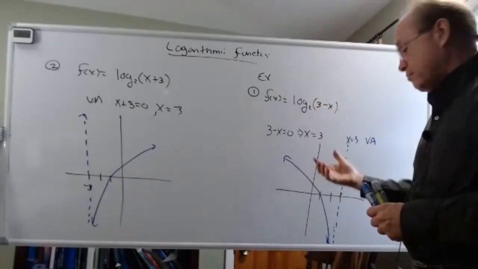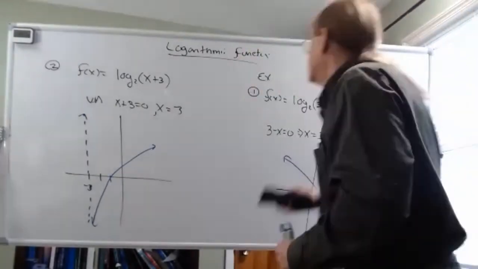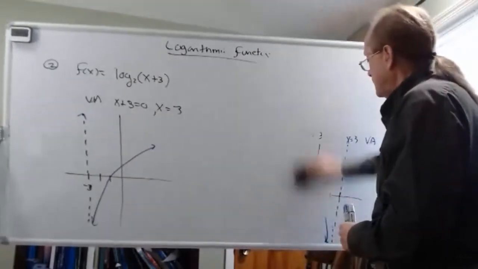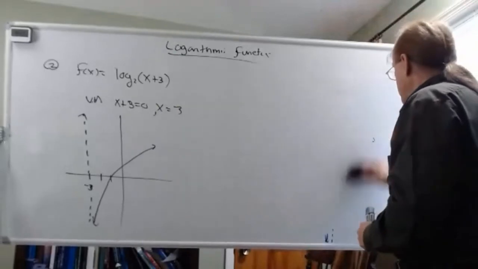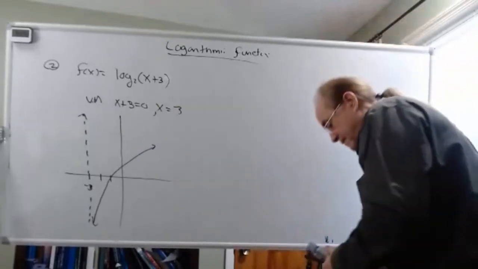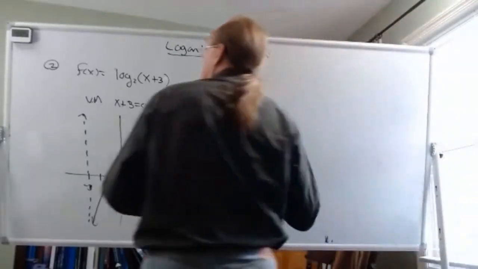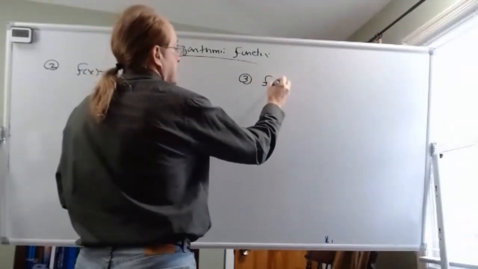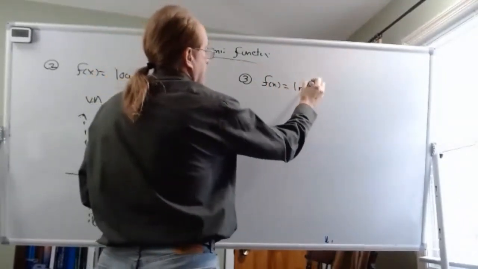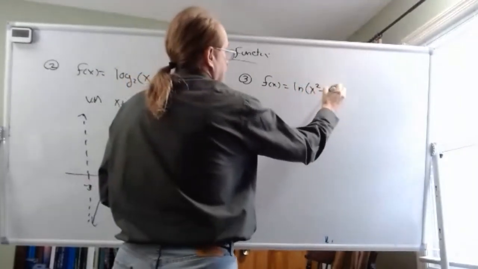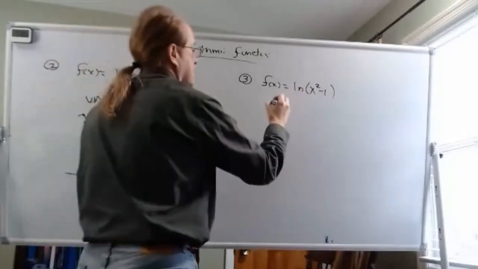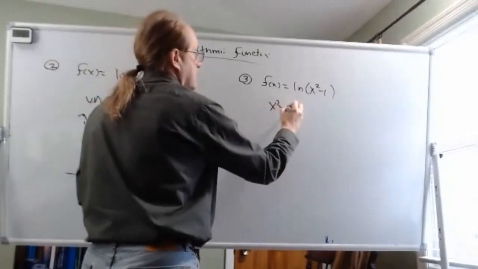Now, you could have more than one. Here's an example when I might have more than one. So say, for example, I had problem 3, f of x is equal to the natural log of x squared minus 1. Again, go through the process of setting that equal to 0.